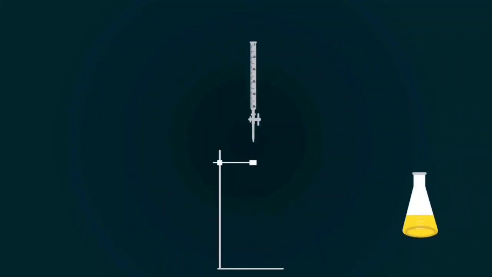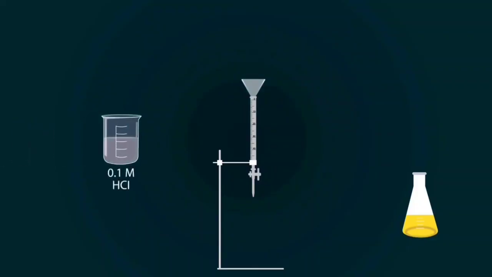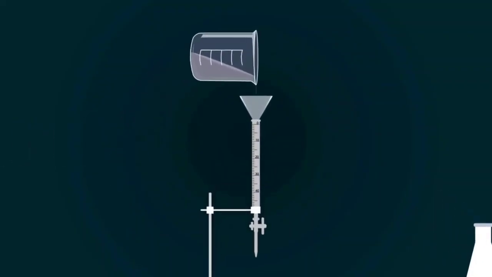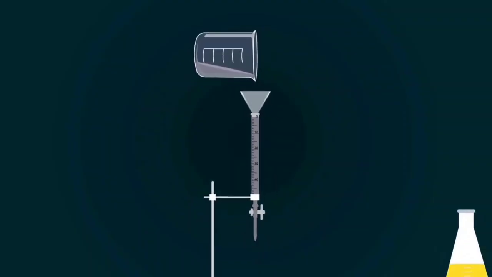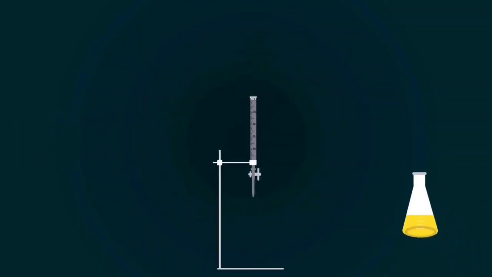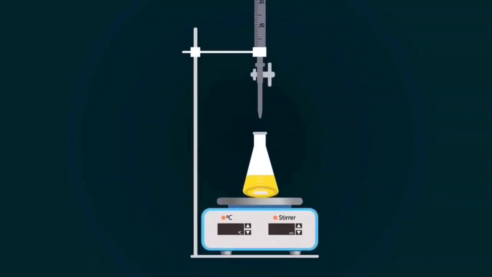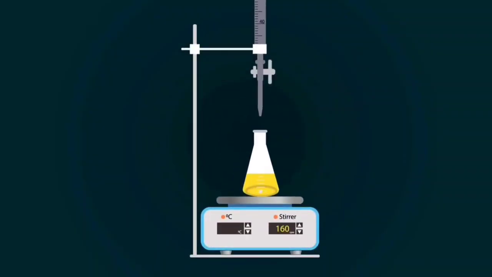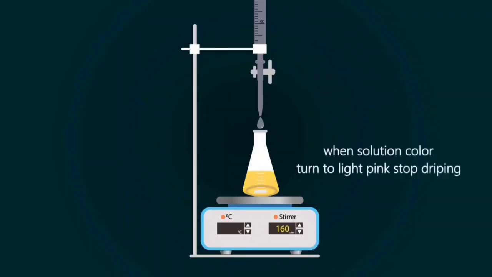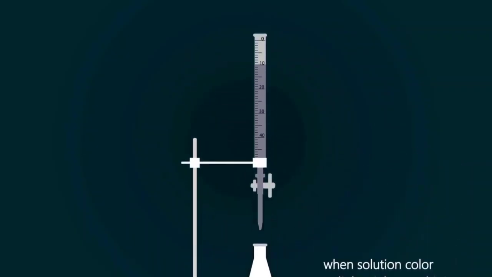Titrate the mixture against hydrochloric acid taken in a burette. Stop the titration when the solution turns lightly pink to orange in color. The end point is the color change from yellow to orange.